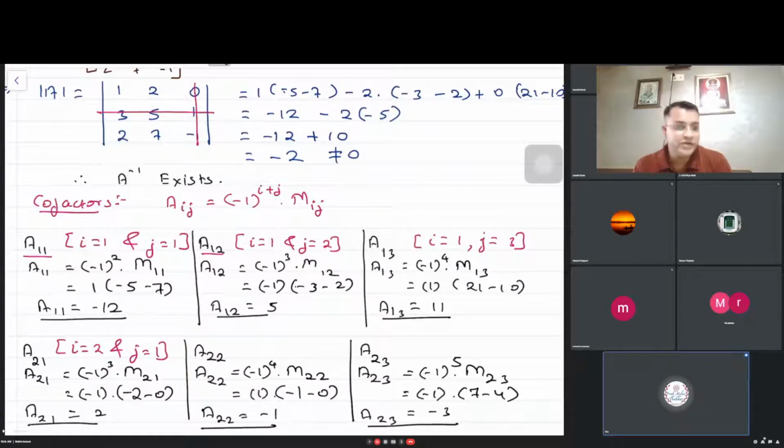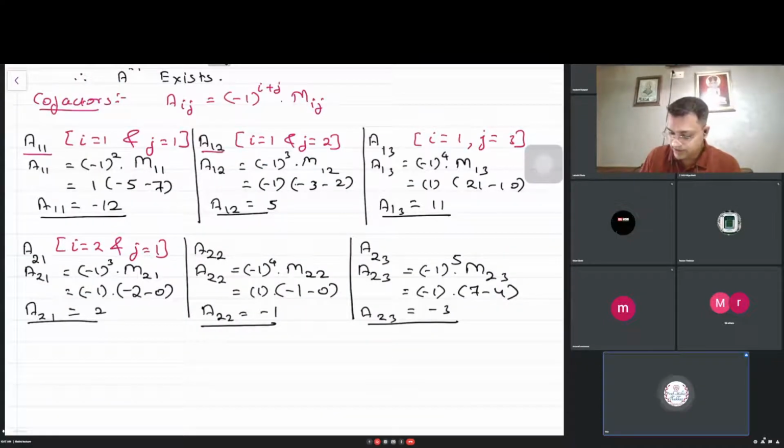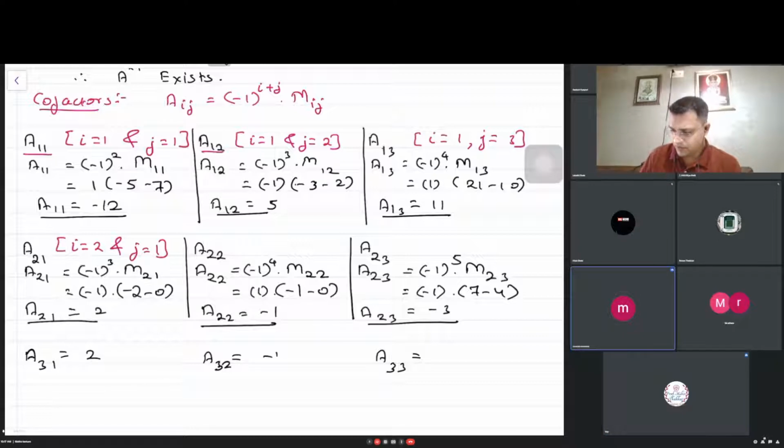I now want everybody to copy this down and I'll give you 2 or 3 minutes. I want everybody to calculate the cofactors for the third row on your own right now. Do it. So let's write the value for A31, A32 and A33. Please tell me, guys. And what is A33? 0.